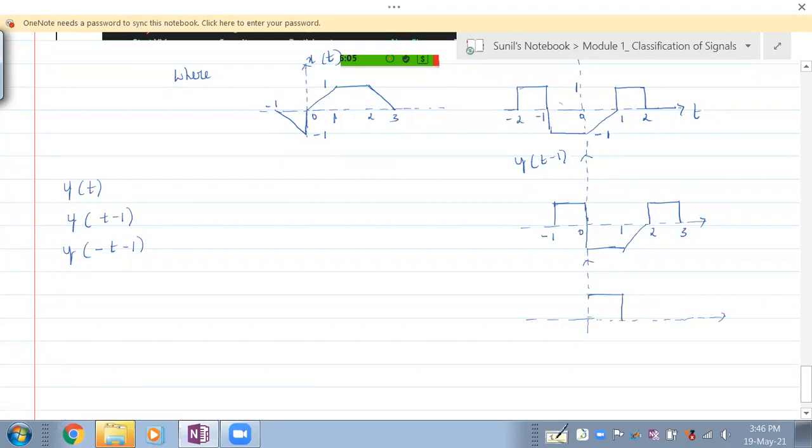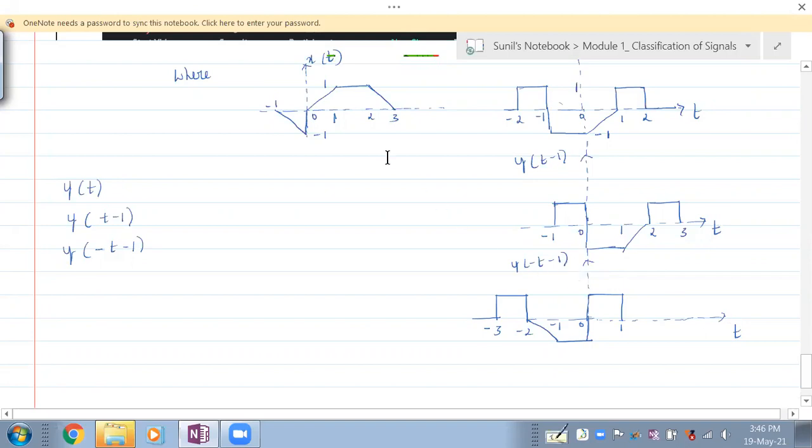What you have on the left should come on the right, and what you have on the right should come on the left. This is how it is. So this is -3, -2, -1, 0, 1. So this is y of minus t minus 1. So you have got your y of minus t minus 1.